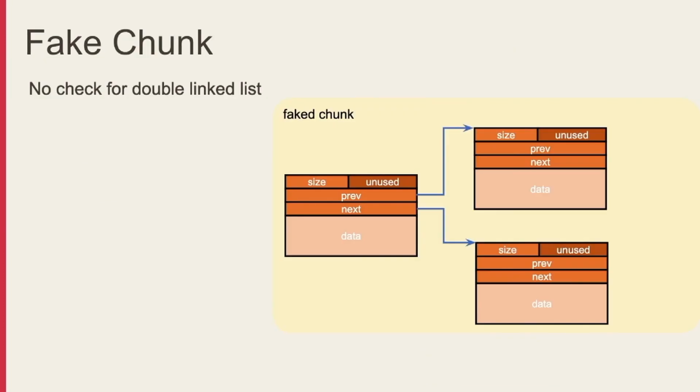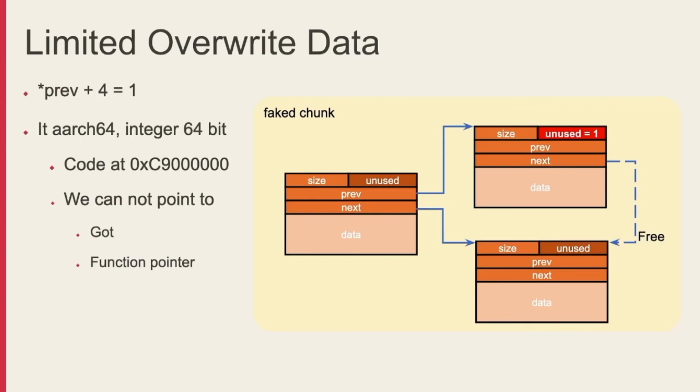There is no check for the double linking list for the heap, so we can fake the chunks and overwrite the heap's metadata to insert our faked chunk into the heap. Once we can insert the fake chunk into the heap and free it, we can overwrite arbitrary address. But there is a limitation.